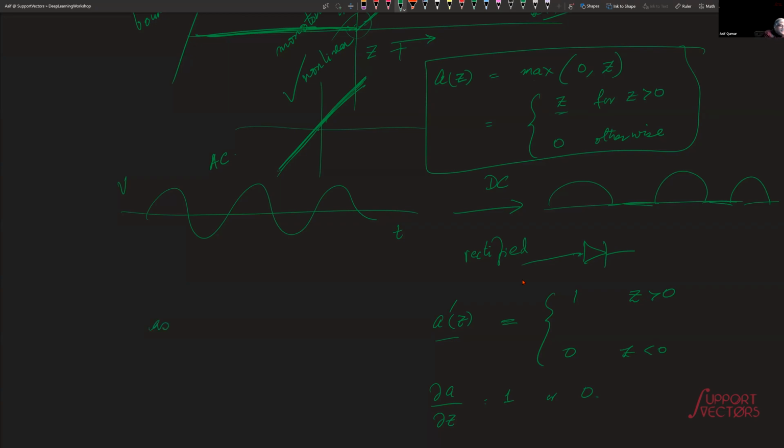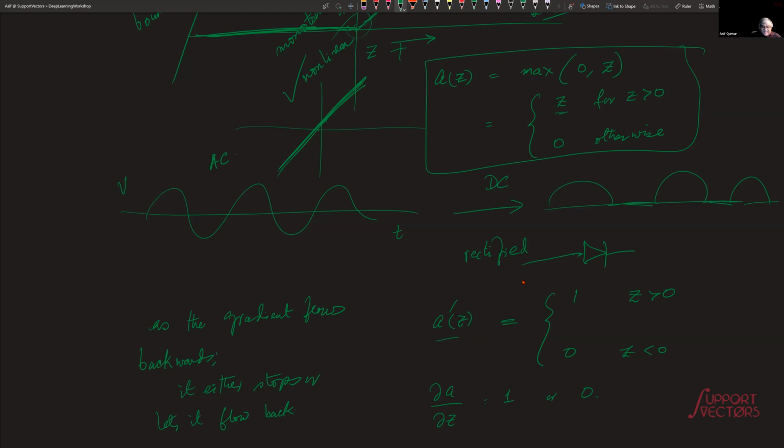As the gradient flows backwards, either it stops or lets it flow back without modifying it, because the gradient is exactly 1. Multiplying anything with 1 remains the same thing, isn't it, guys?